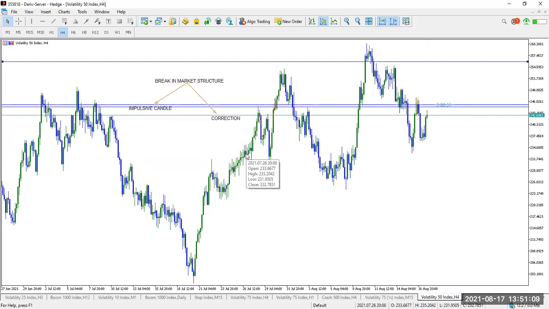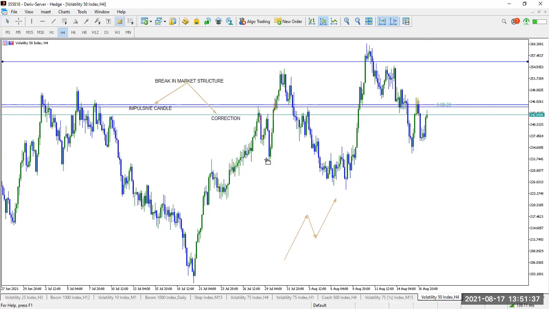Let me say, for example, the market is moving like this. The market starts from A, and you see the market came down as a correction, then moves up a little, something like this. Automatically, this market has broken structure.